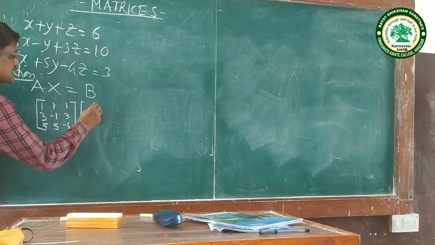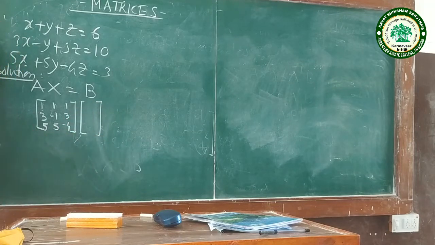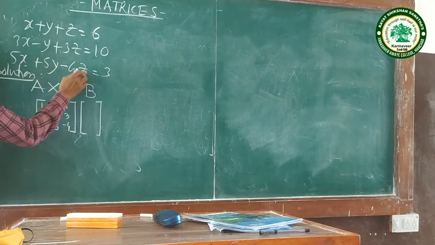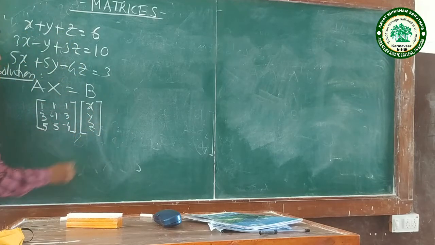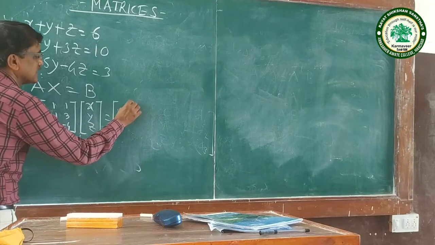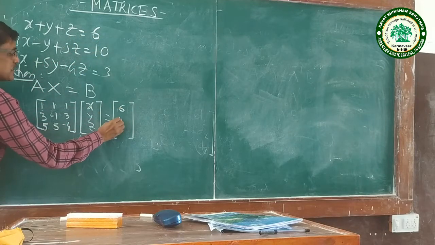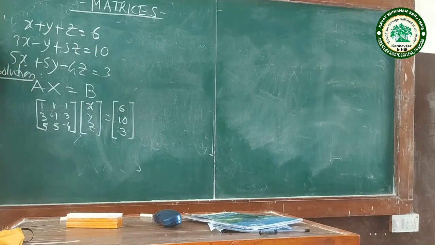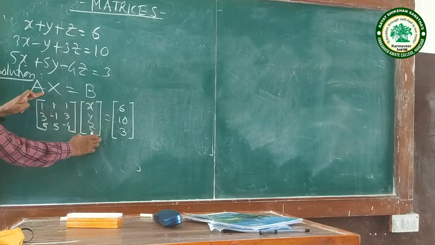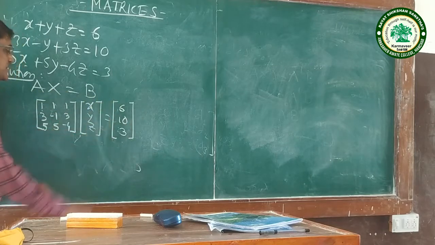Into matrix X, the column matrix of variables x, y, z, is equal to, on the right side there is a matrix B, which is a column matrix of the constants 6, 10, 3. So this is the matrix A, X, and B, the column matrix 6, 10, 3.